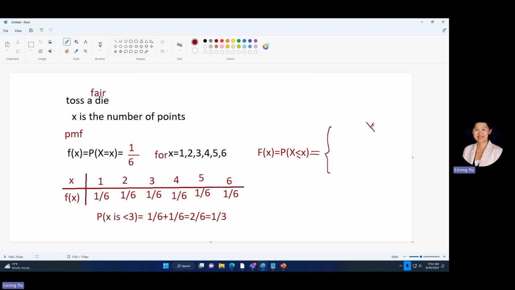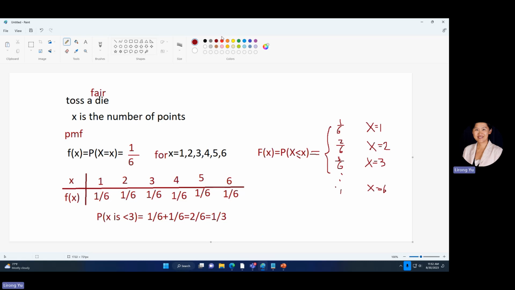If x equal to 1, that will just be X lower or equal to 1, which is 1/6. If x equal to 2, that's below or equal to 2, which will be 2/6. If x equal to 3, that will be 3/6, all three added together. The same pattern follows for 4, 5, 6. For 6, it will obviously be 1.